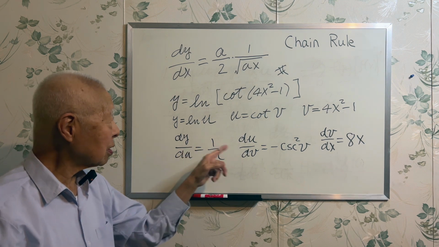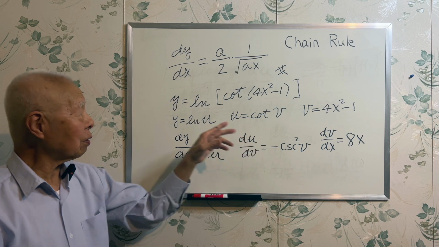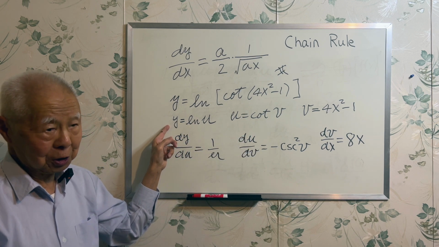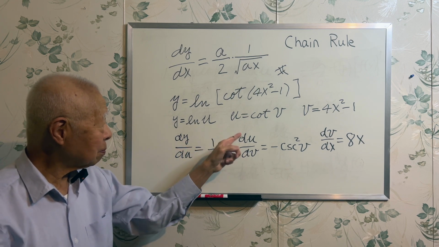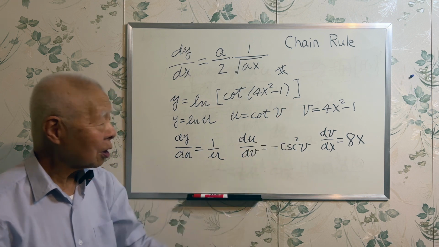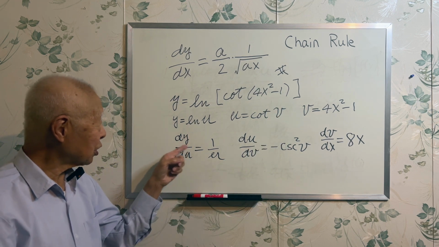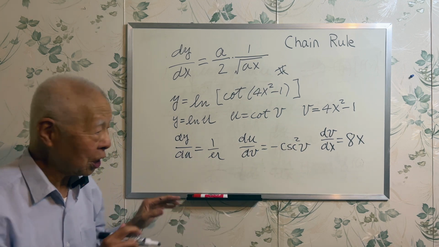Multiply this and this and this. That's the derivative dy by dx. Look, du here cancels, dv here cancels. What is left is dy by dx. That's exactly the chain rule.